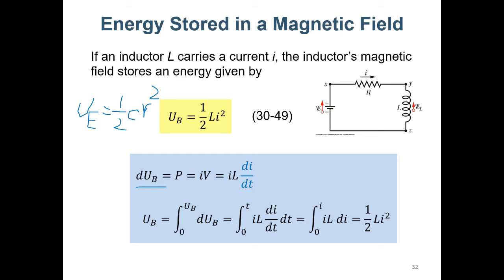So the UB should be the integration of this one. We can change dUB to be this term, and then dt can be cancelled by the chain rule.